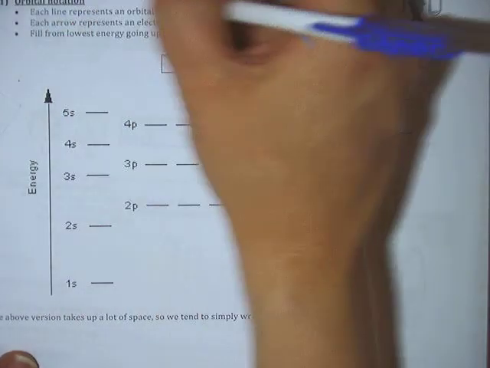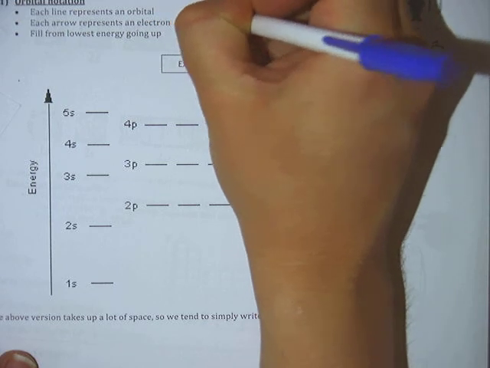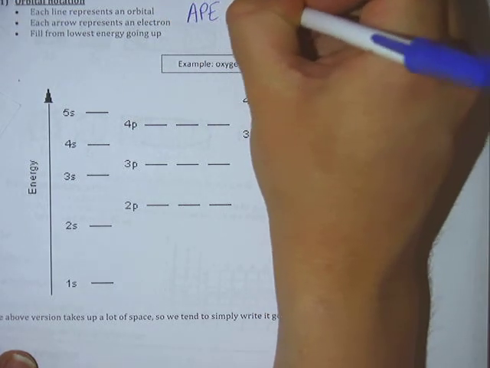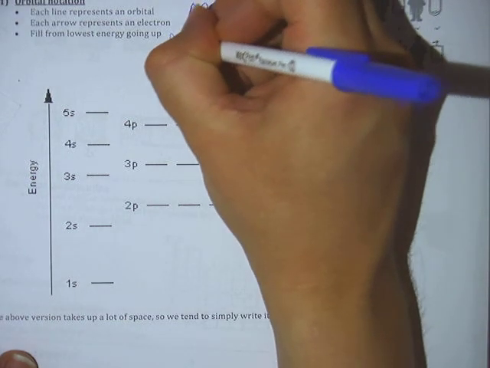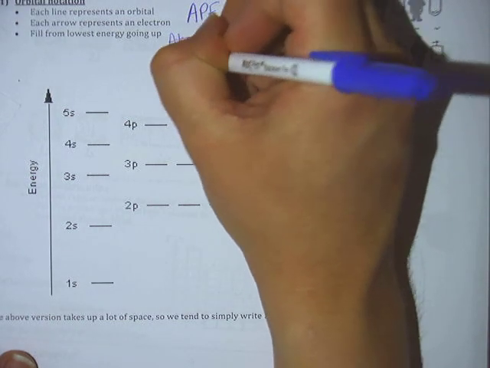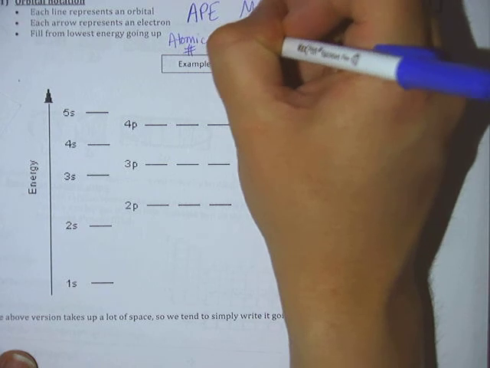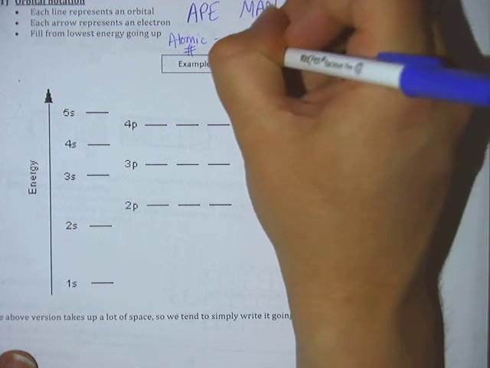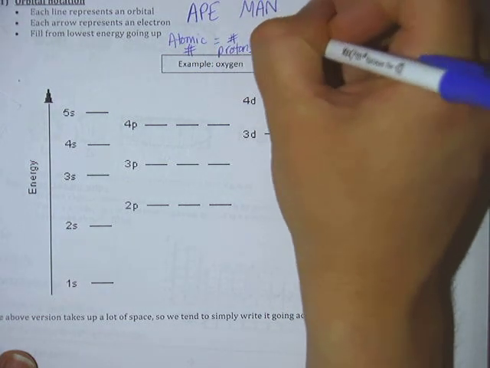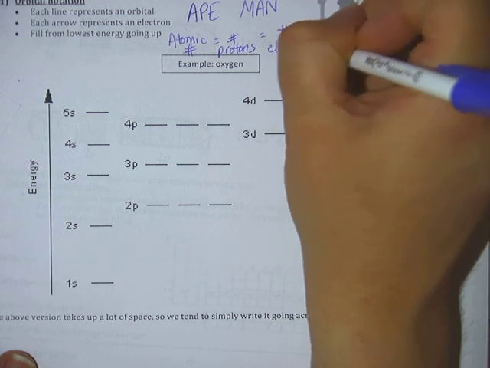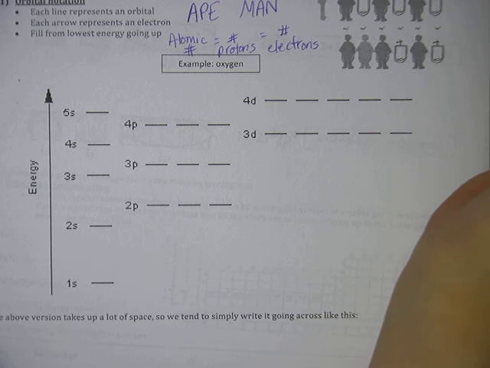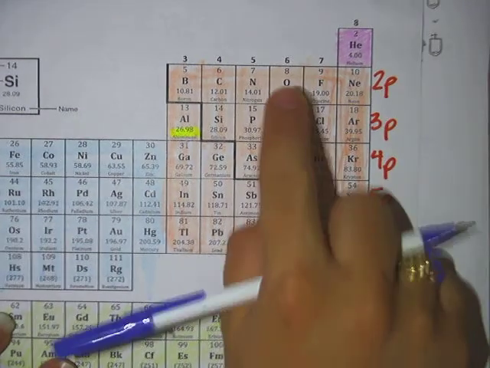We called it Ape Man, where the ape said that atomic number equals the number of protons equals the number of electrons.